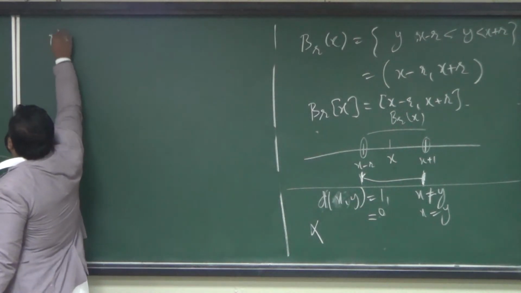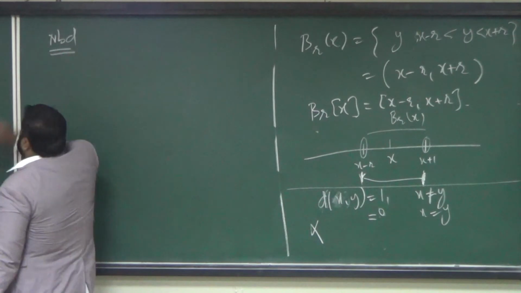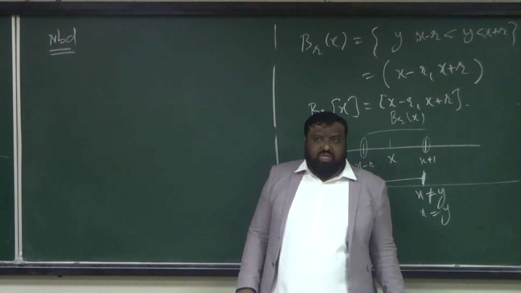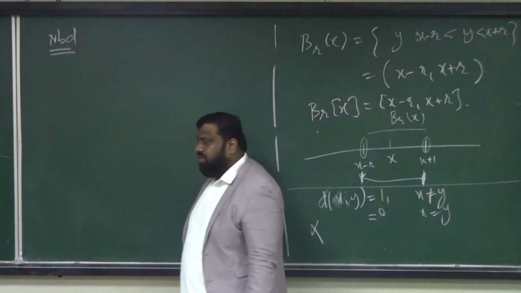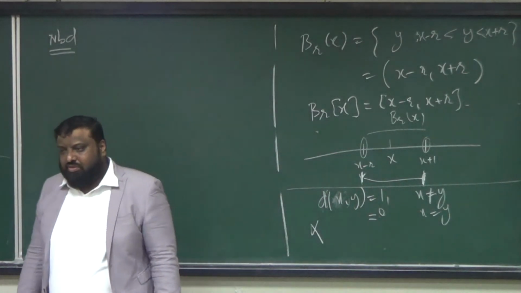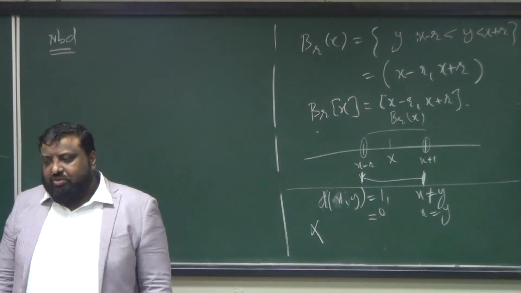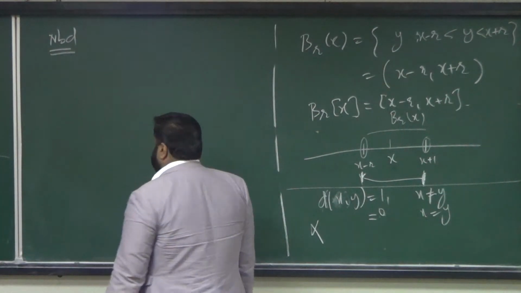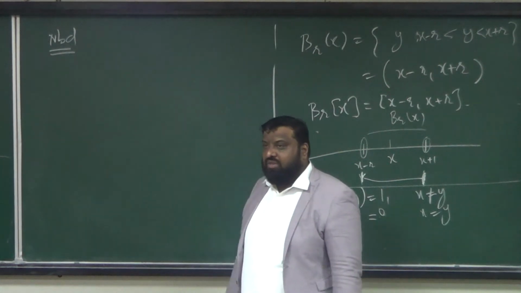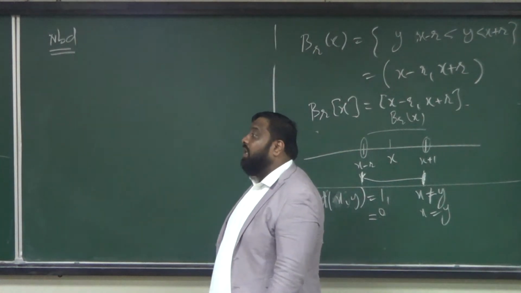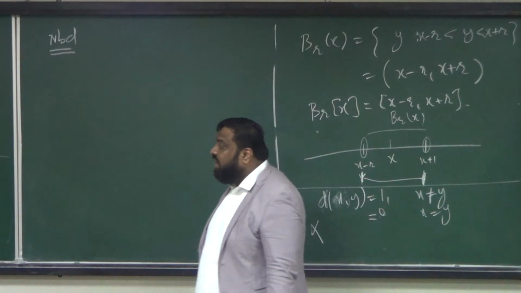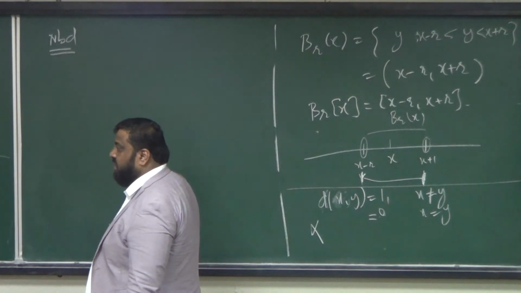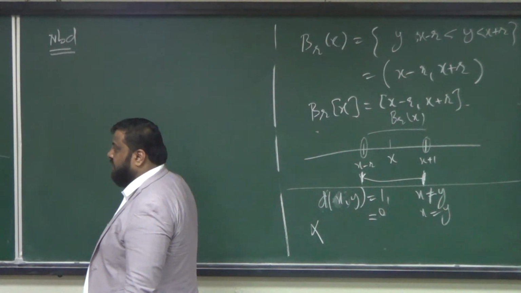So let me define a neighborhood with reference to the notion of Rudin. But you're going to see that it's almost the same thing. Neighborhood, NBD, is my shortcut for that. Why are we picking an arbitrary point?